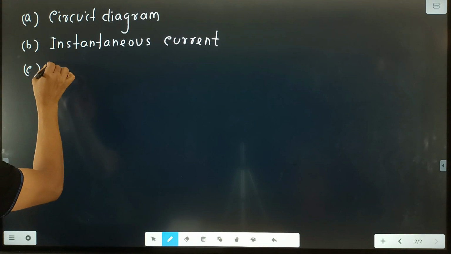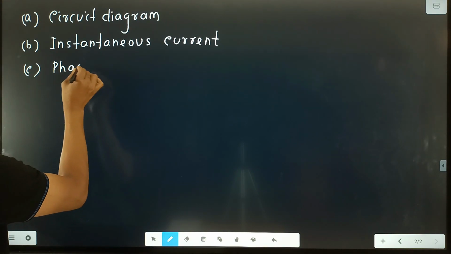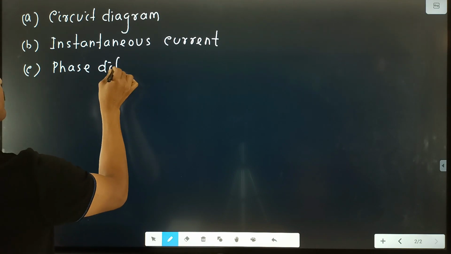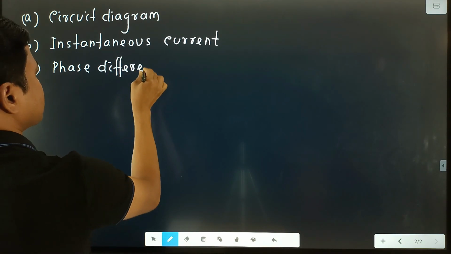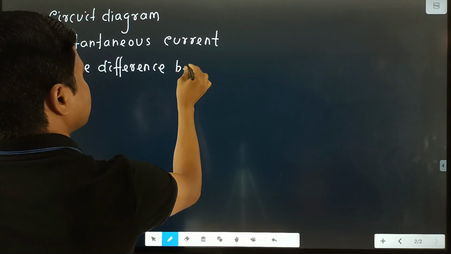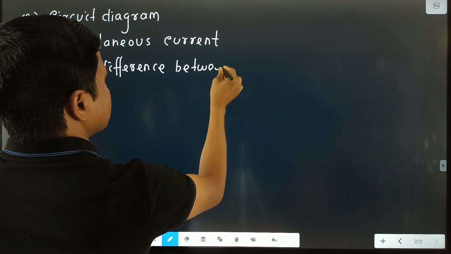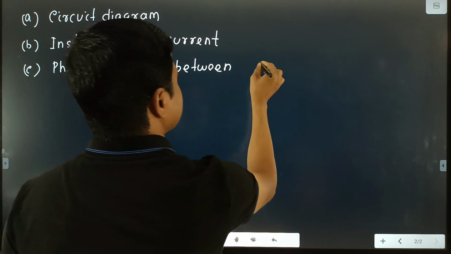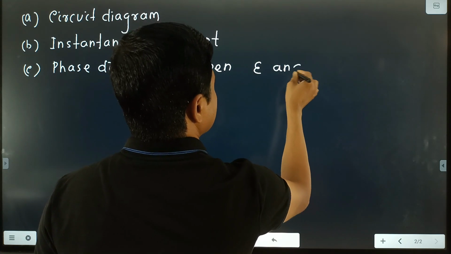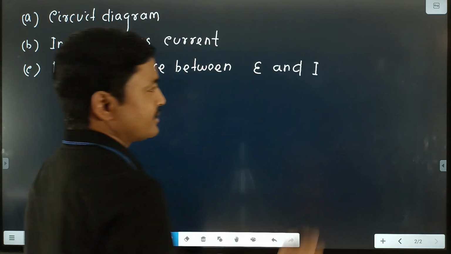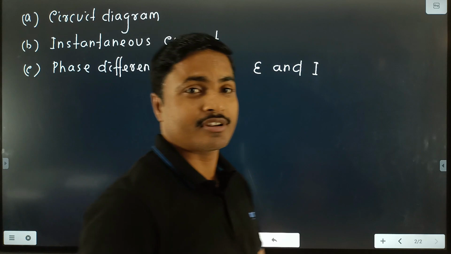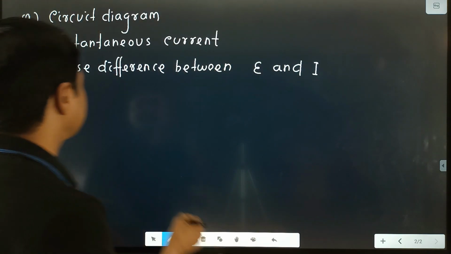Next, the phase difference between alternating EMF and alternating current. E for alternating EMF, I for the alternating current.